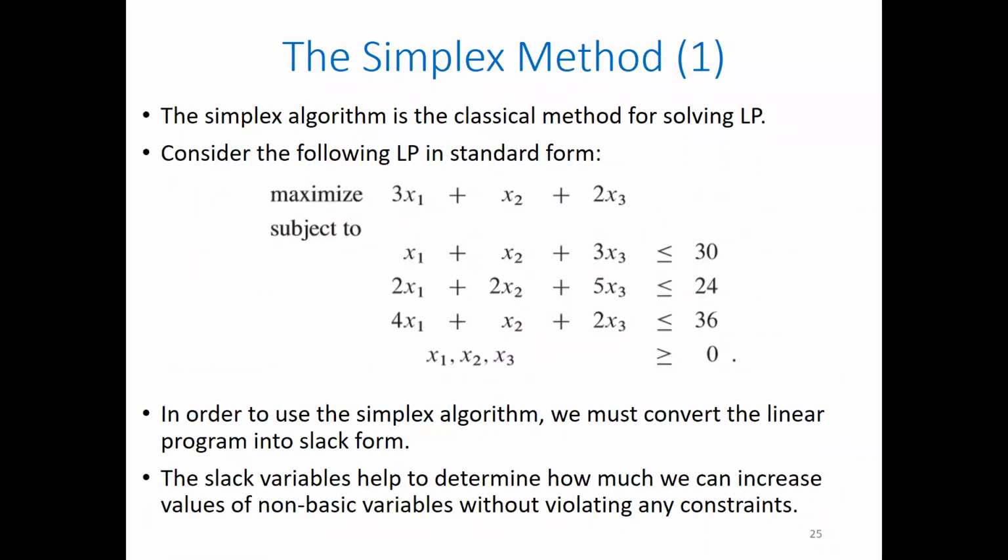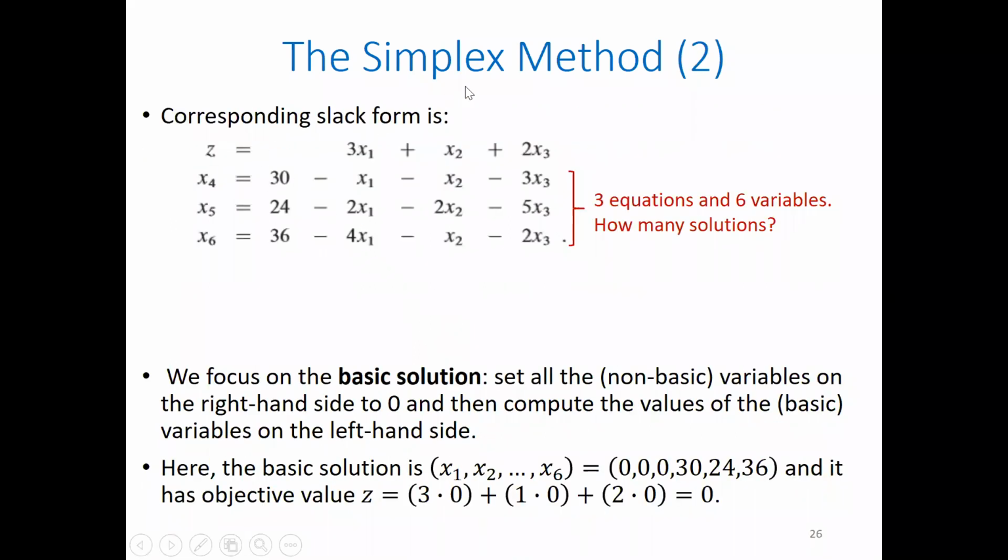If you convert this into slack form, which I've done for you, you would have your objective function as shown over here, and these three constraints.